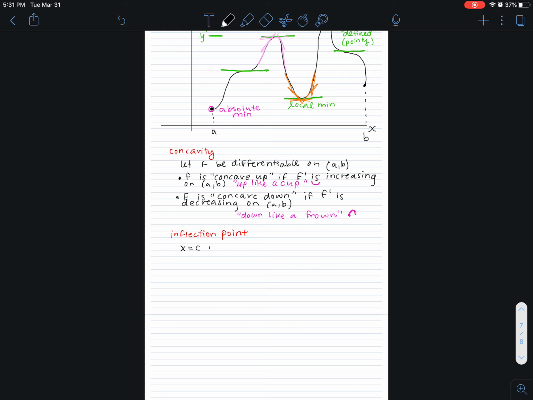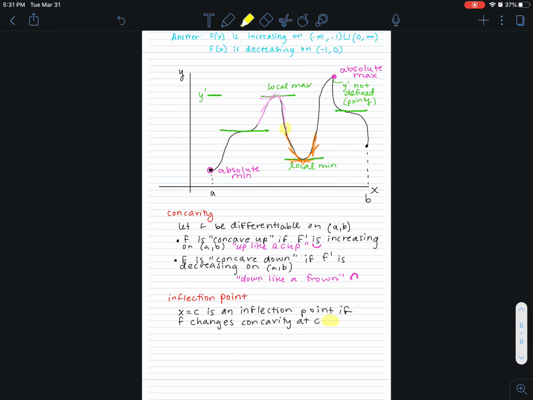X equals C is an inflection point if f changes concavity at C.